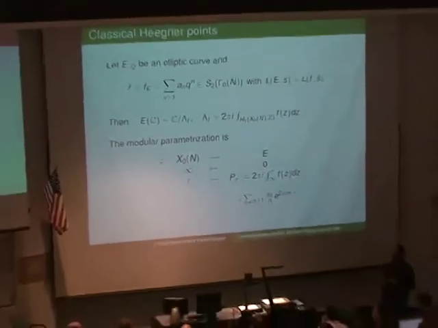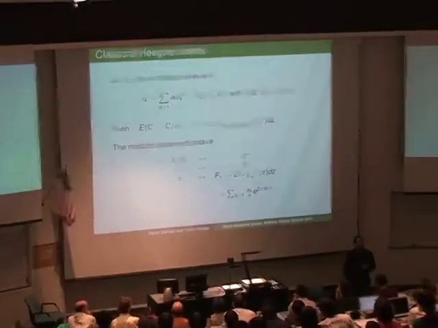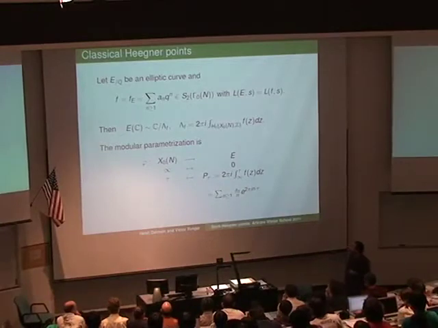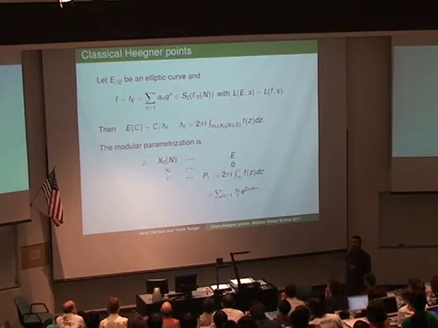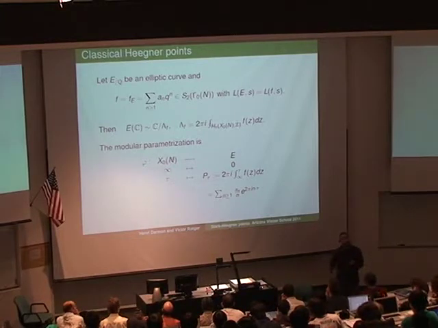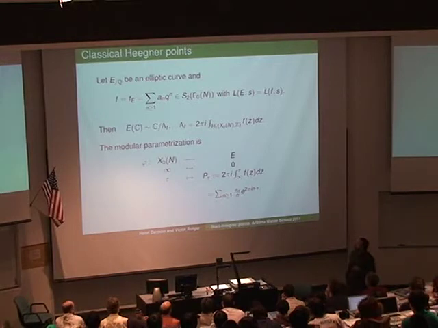X_0(N) here is the classical modular curve of level N. This is a non-constant map, defined over Q. Analytically, over the complex numbers, this modular curve is the upper half plane, when you adjoin some cusps, modulo the action of Gamma_0(N).